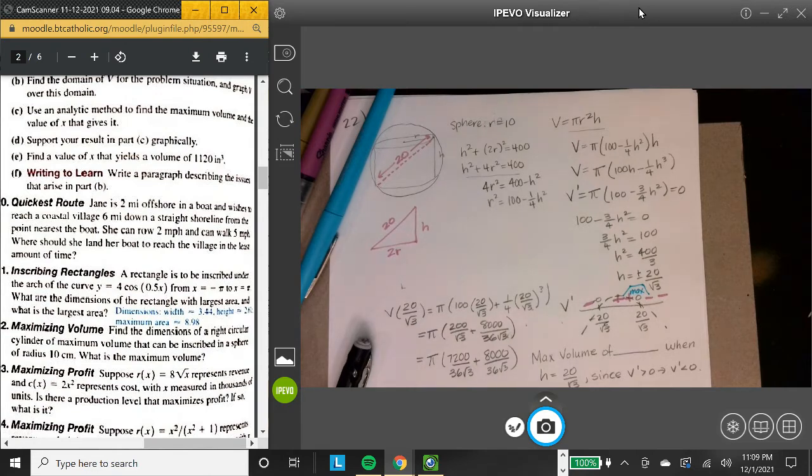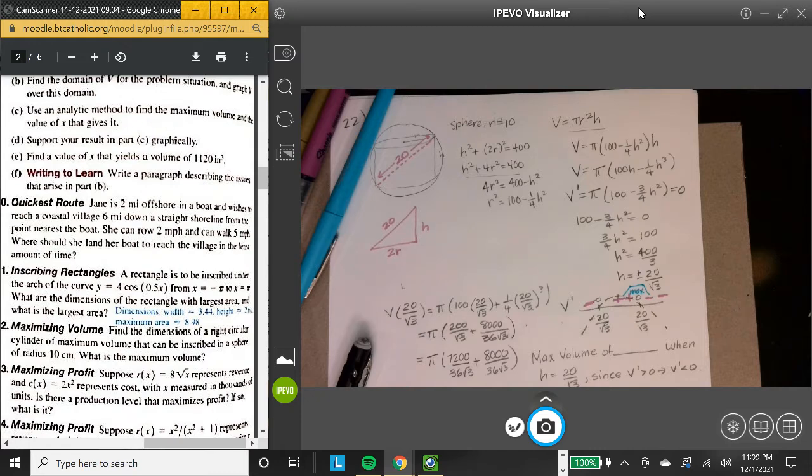All right. This is number 22. So let's look at 22. 22 says, 20 root 3 is the height, and it says the max volume is 4,000 pi over 3 root 3.